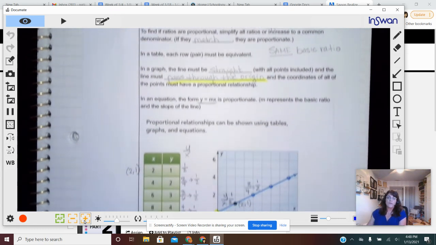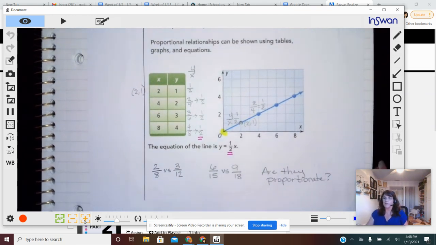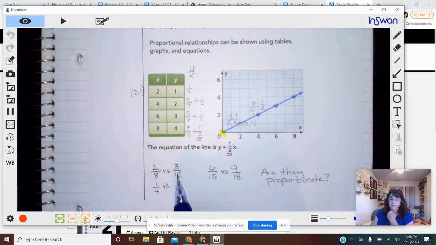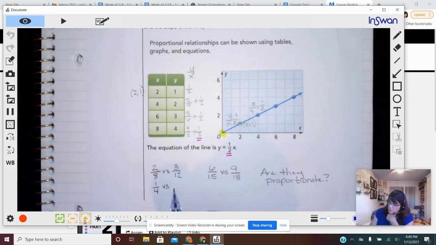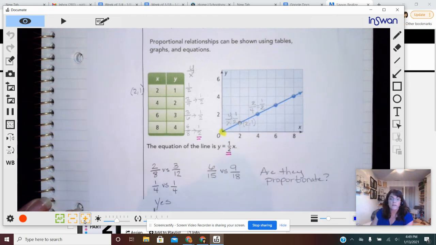Now, if it's easier to make a common denominator, do that, but we already did that with equivalent ratios. You guys know that just simplifying is so much easier. So in this one, 2/8 simplifies to 1/4. 3/12, if I divide both the numerator and the denominator by 3, simplifies to 1/4. So this is a yes, they're proportional.